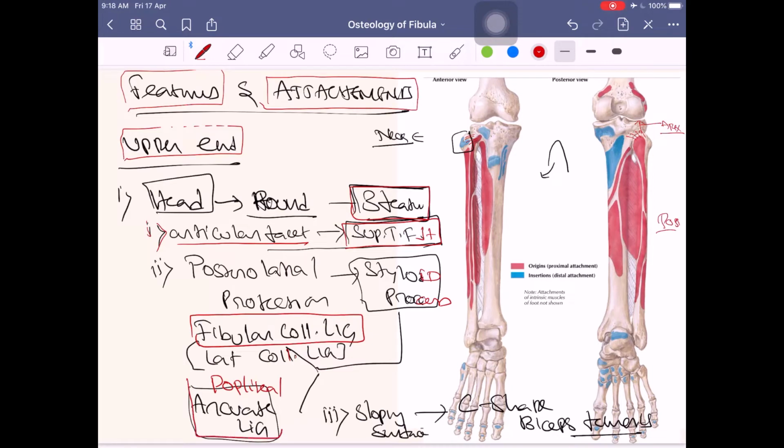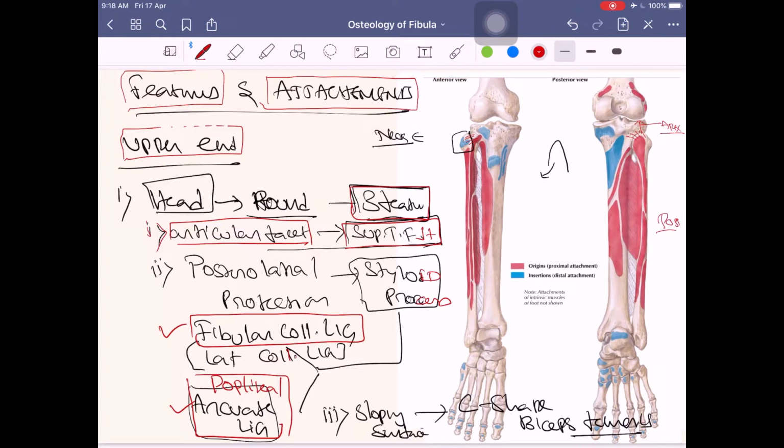So these are the two ligaments which are attached to this. So the articular facet was forming the superior tibio-fibular joint. Then the posterolateral projection called styloid process or apex gives attachment to two ligaments, that is the fibular collateral ligament, also known as the lateral collateral ligament, and the arcuate popliteal ligament. I'll show this again in the app.